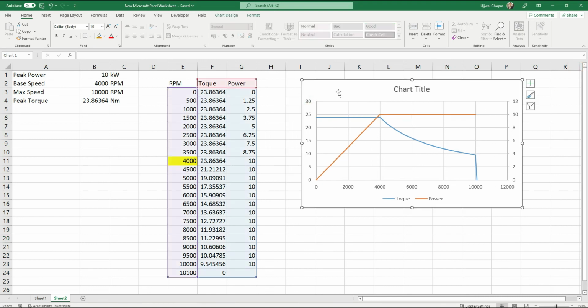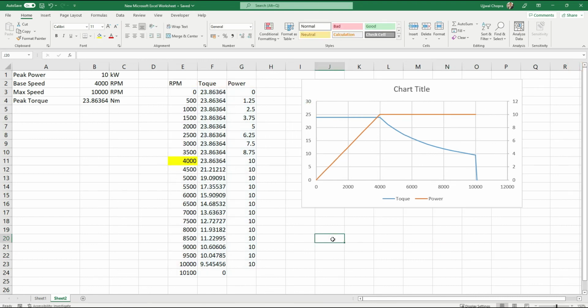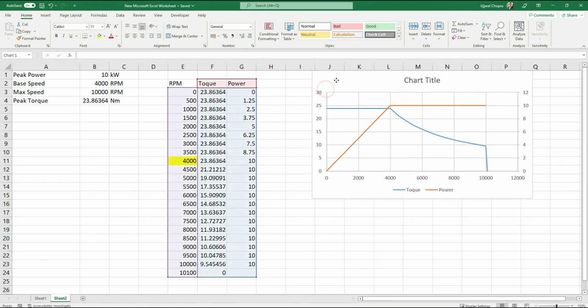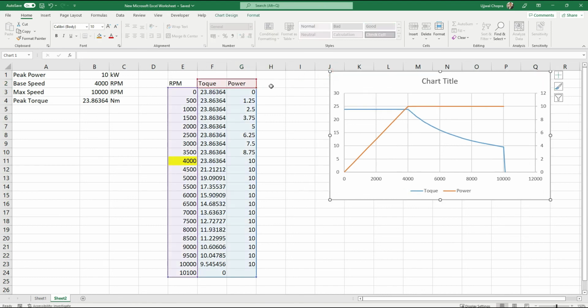One more thing that we wanted to address was the generator characteristic curve. As I mentioned, it is a mirror image of this curve along the x-axis or the horizontal axis here. So we just need to multiply this torque and power with a negative 1 value, so we get the mirror image.